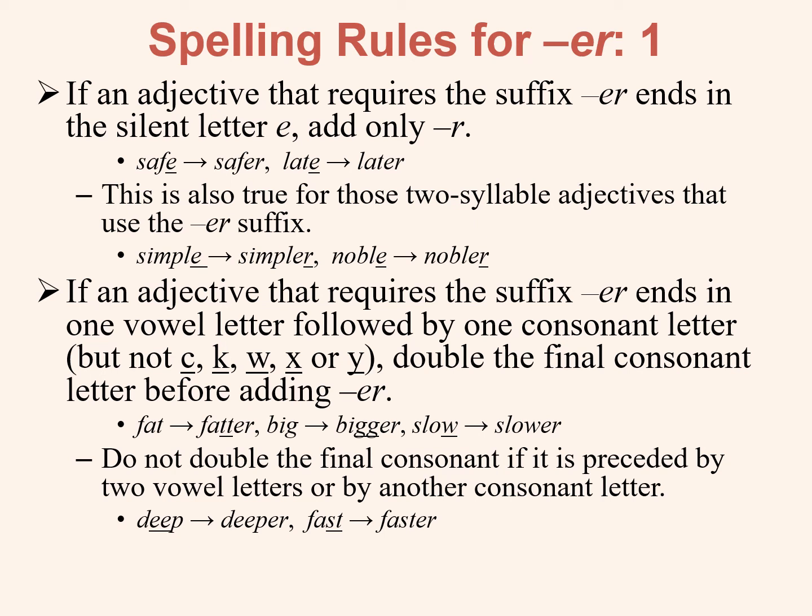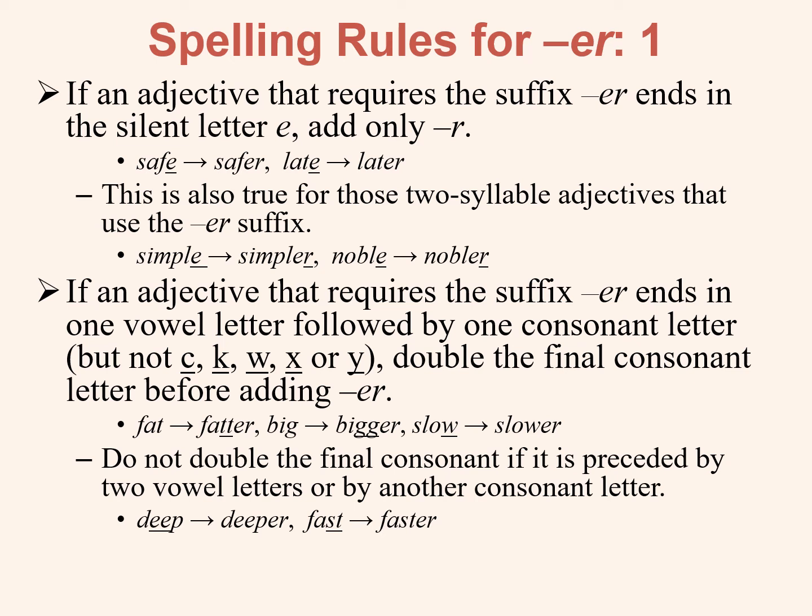If an adjective that requires the suffix -er ends in one vowel letter followed by one consonant letter, but not the consonants C, K, W, X, we double the final consonant letter before adding -er. So fat, we have a single consonant letter preceded by a single vowel letter.